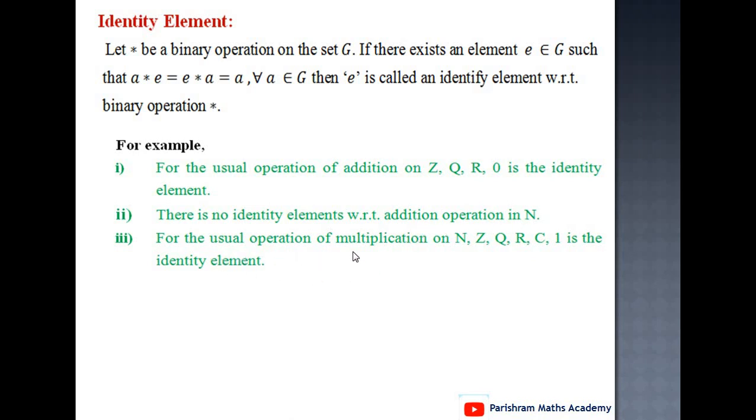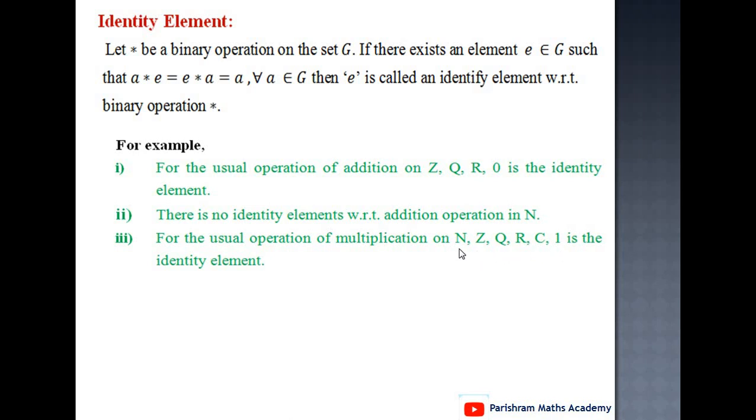For the usual operation of multiplication on the set of natural numbers, integers, rational numbers, real numbers and complex numbers, 1 is the identity element. That is, 1 is the multiplicative identity element.